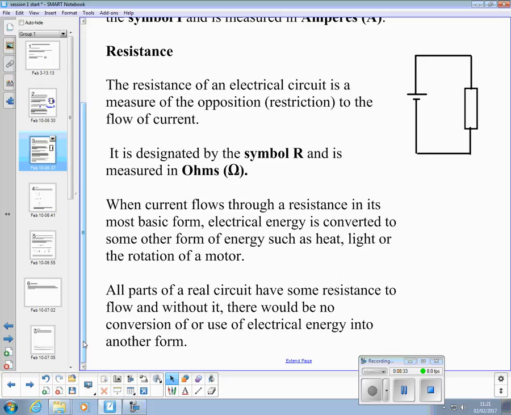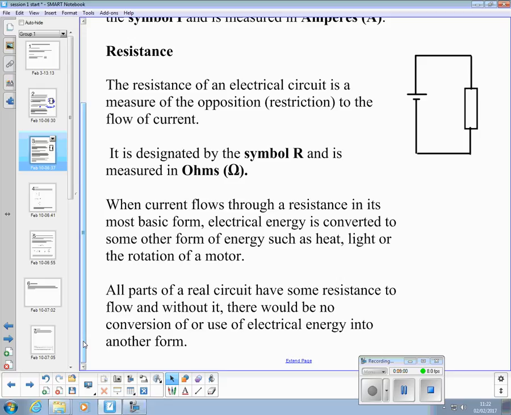So when a current flows through a resistance in its most basic form, to have some kind of resistance in the circuit, we have to have a load to get that energy conversion into heat, light, or whatever we're looking for.